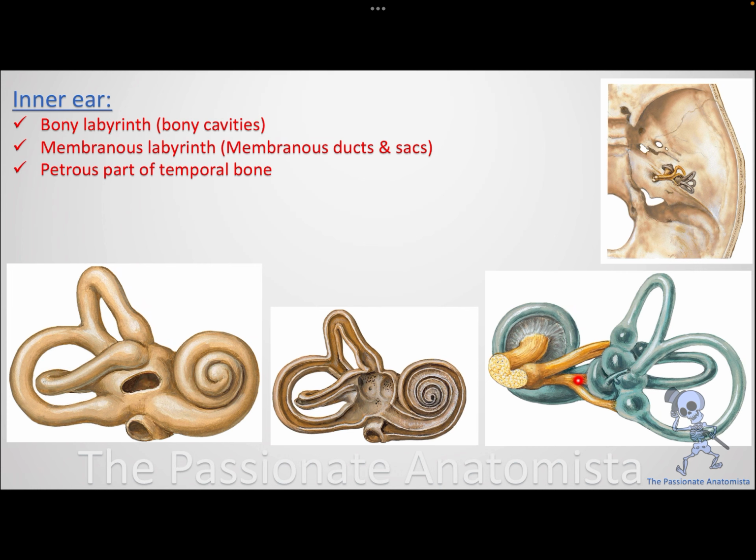Now, what about the membranous one? It's nothing but ducts and sacs, and these are filled with endolymph, and this sits embedded in the perilymph of the bony labyrinth. They have the same names. So you have the semicircular canals, you have the cochlea, and you will have these dilatations, and we're going to talk about that as we proceed.